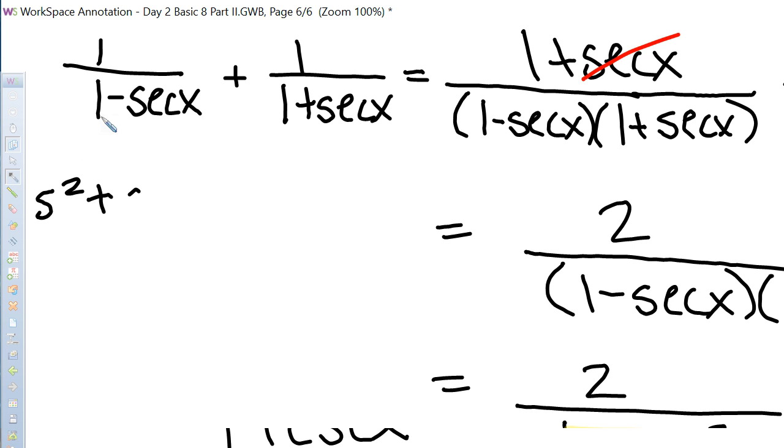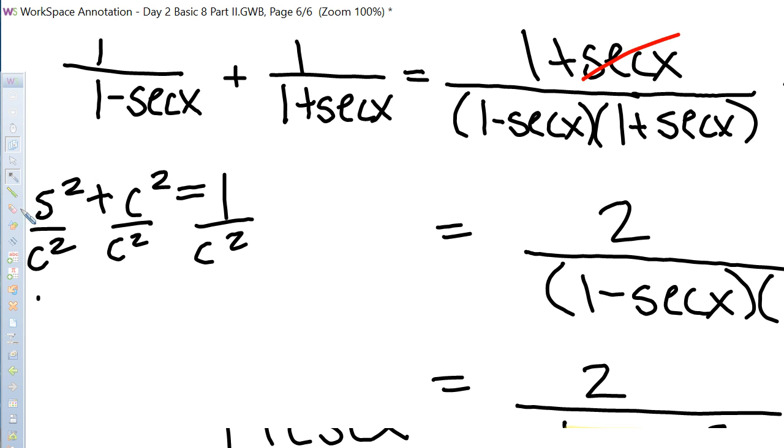So let's check it. Sine squared plus cosine squared equals 1. If I want to have a secant squared, what do I have to divide by? Cosine squared. So divide all three of these by cosine squared. Sine squared divided by cosine squared would be tangent squared.